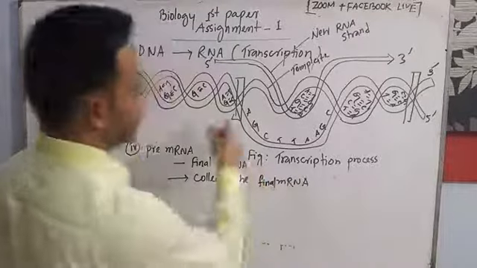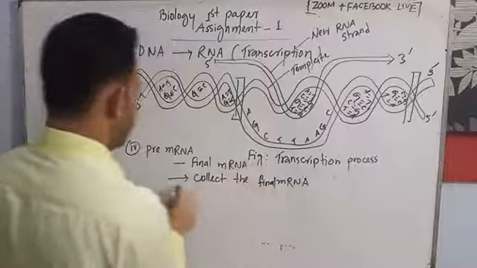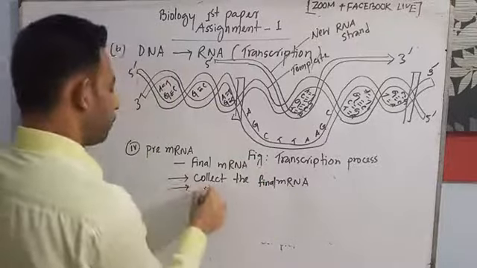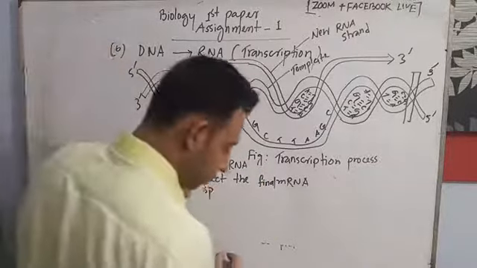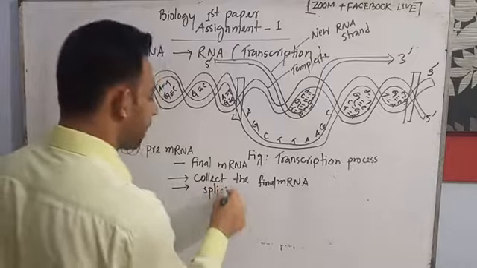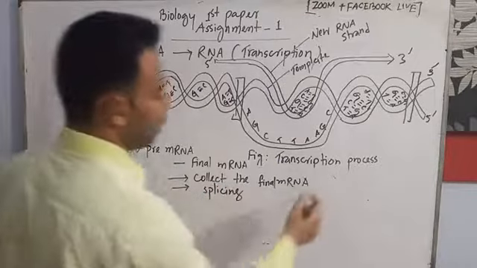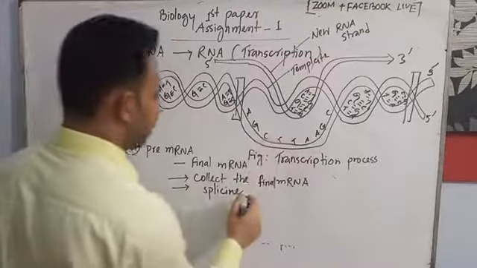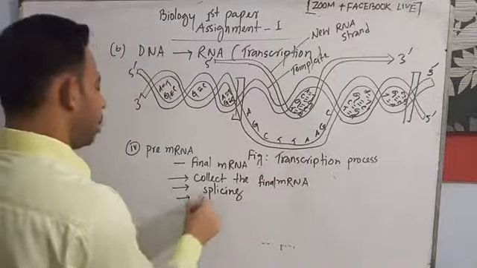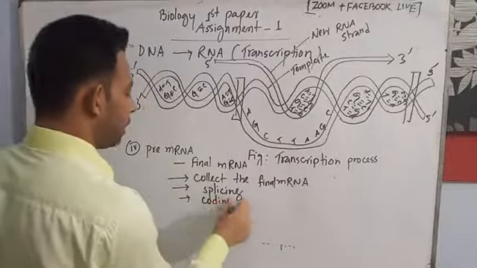What was starting in the pre-RNA, we collect as the final mRNA, then splicing. Splicing means cutting and sequence. This mRNA I collected, and splicing and coding sequence to set up. Coding sequence.